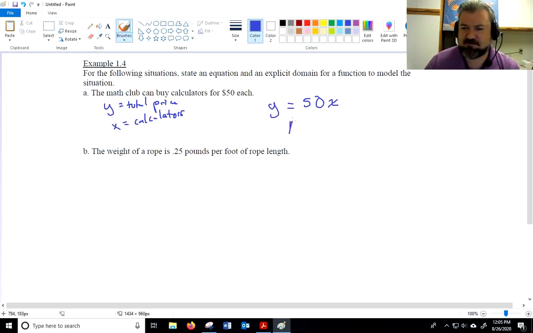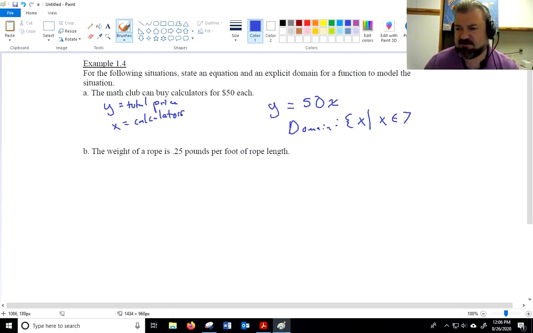So I'm going to explicitly limit my domain to say that x has to be greater than or equal to 0. But also, can you buy a fractional amount of calculators? No, you can't.